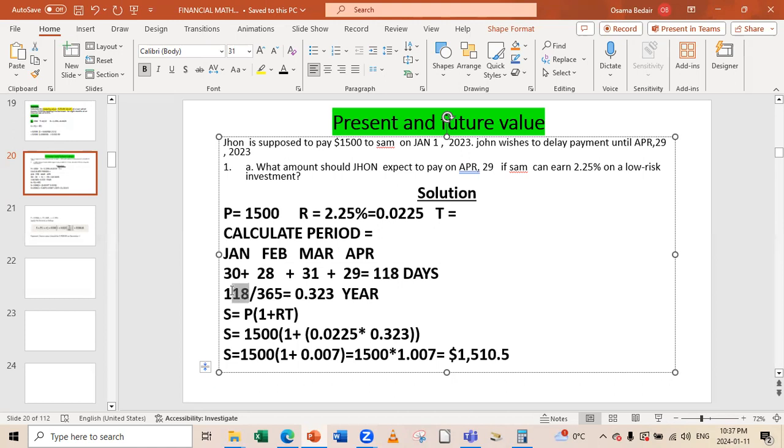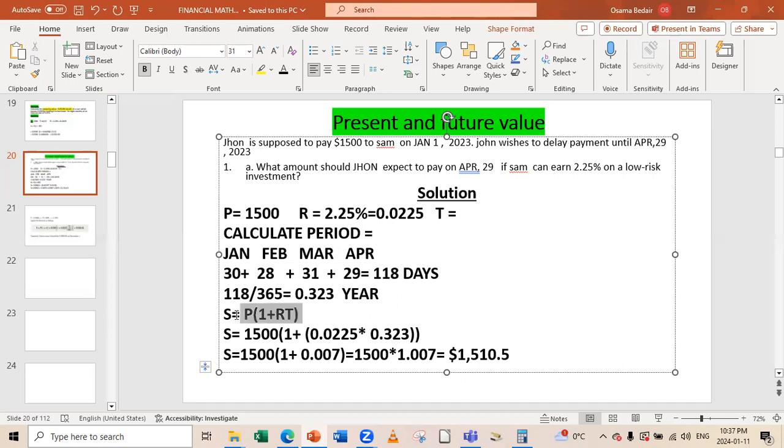So we say 118 days divided by 365, that will give me 0.323. It's a part of the year; I have to convert it into years. So 118 days divided by 365 will give me 0.323 year.